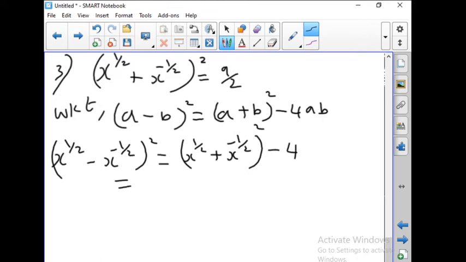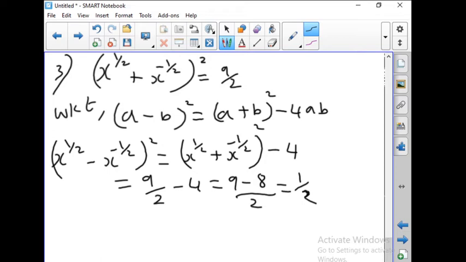Because a is x power 1 by 2 and b is x power minus 1 by 2, the product becomes x power 0, and x power 0 is 1, so we get only 4. Now, the value of x power 1 by 2 plus x power minus 1 by 2 is 9 by 2, so we get 9 by 2 minus 4. Taking LCM, this is 9 minus 8 by 2, which is equal to 1 by 2.